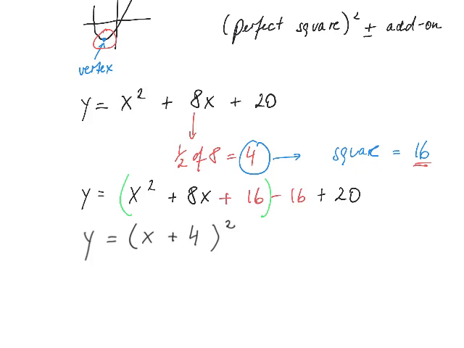I can now calculate the add-on, so that would be minus 16 plus 20, which is plus 4. From this now I can read the vertex. The x value we get from here, but we have to change the sign, so it would actually be minus 4, comma. And the y value I get from here. Here we don't have to change the sign, so I just say 4.